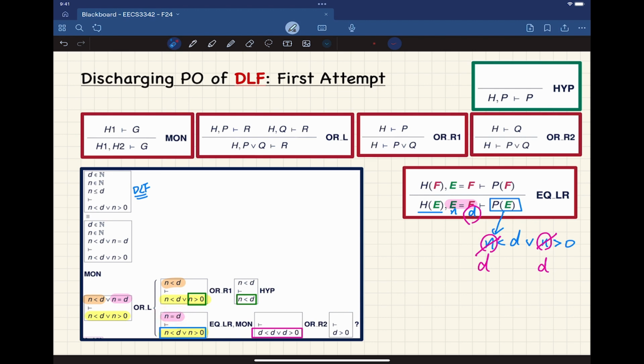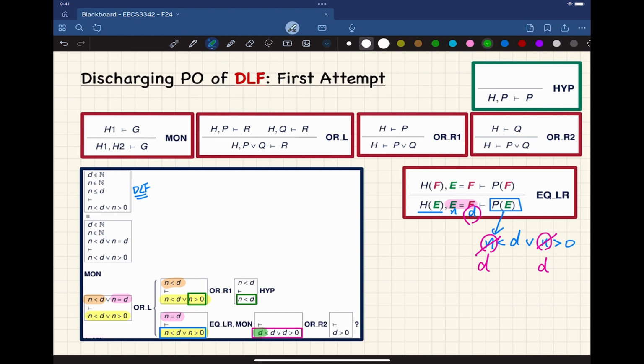So when I say EQLR and also monotonicity, I basically drop this one at the same time. So that's why it's not here anymore. Okay? And then I got this guy over here to be discharged. So I got either this or this. And finally, it turns out this guy here is false.